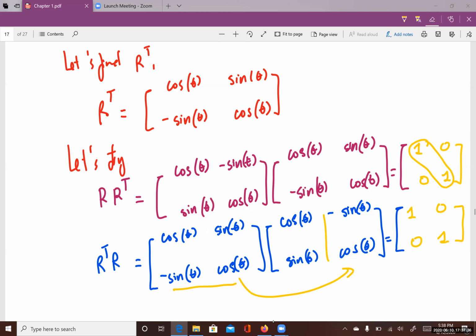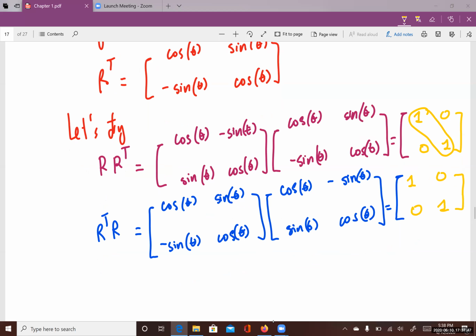All right, we just showed that if we take R times R transpose, we get I, and if we take R transpose times R, we also get I. That's what we just showed.